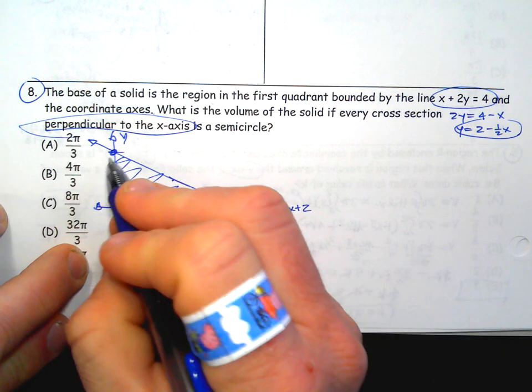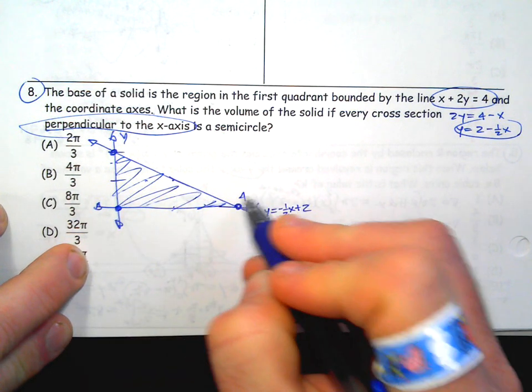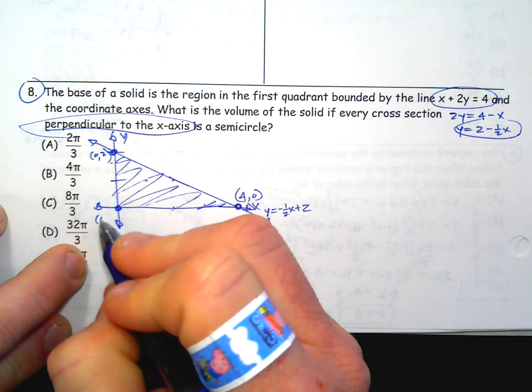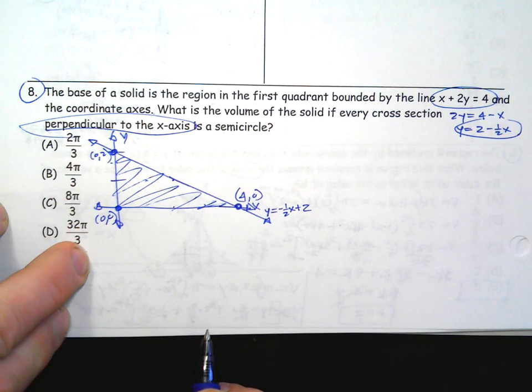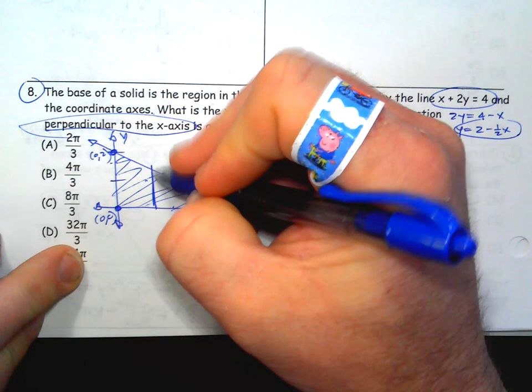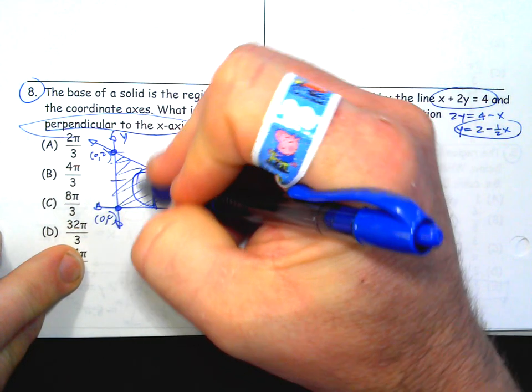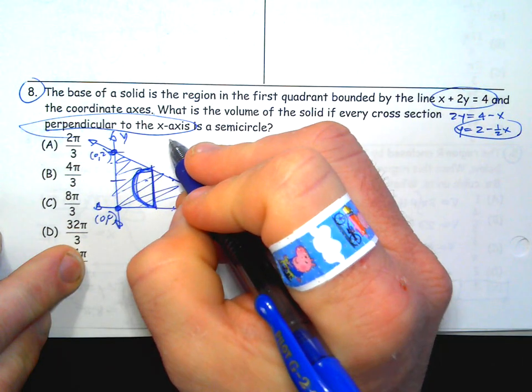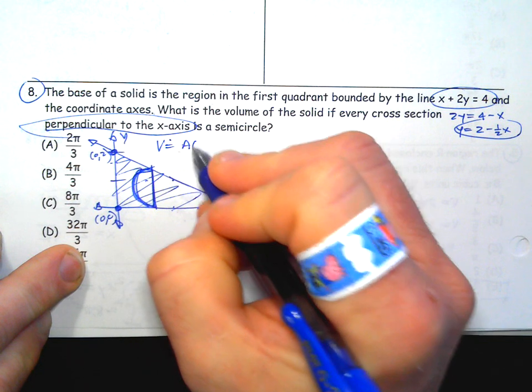So down 1 over 2, down 1 over 2, this must be 4, or you could do the work to figure out what it is. And the slices are perpendicular to the x-axis, and they're half circles. So the volume is going to be some area in terms of x dx.